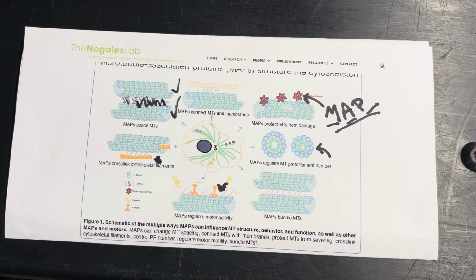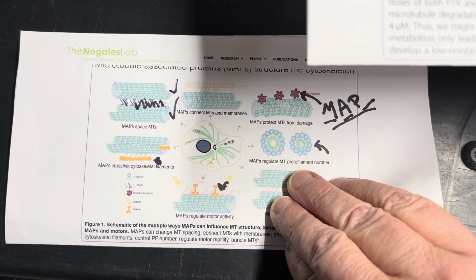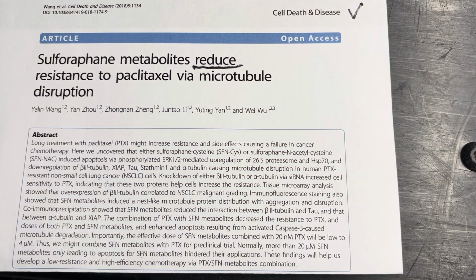And in your body, sulforaphane does a host of biochemical reactions. And it turns out that sulforaphane also disrupts microtubule production. And so we have research now coming out of various institutions that are starting to study the link between sulforaphane and other plant metabolites with commonly used chemo drugs.